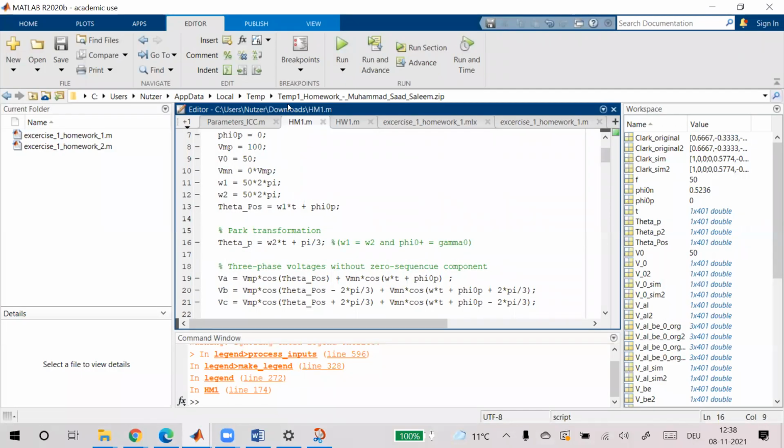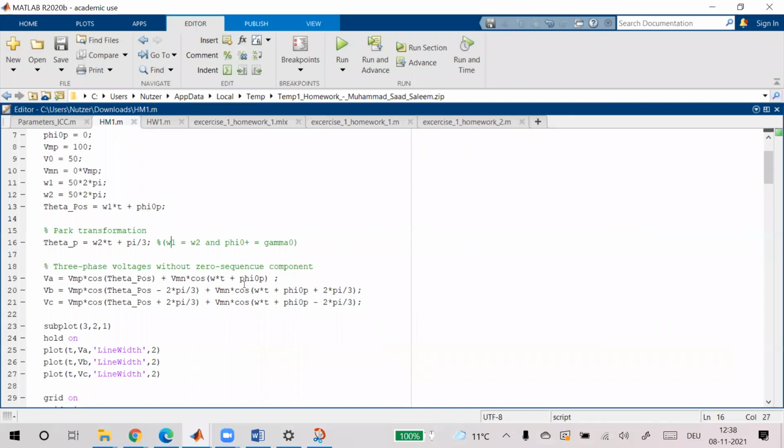So let us first add harmonics. We do not have any harmonics, so I will use this negative sequence as harmonics basically. So let me write VH, H means harmonics.